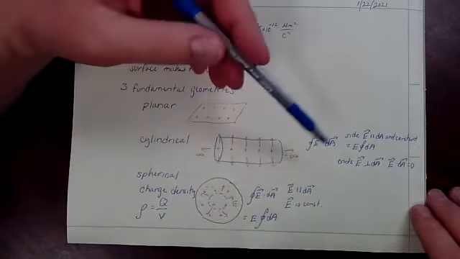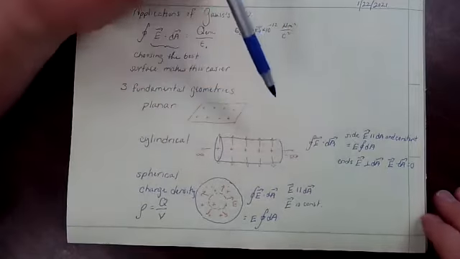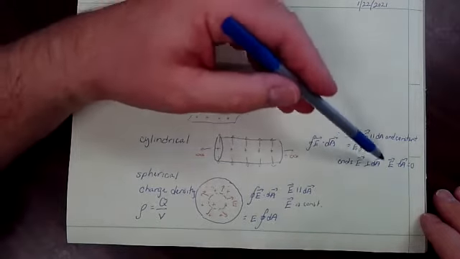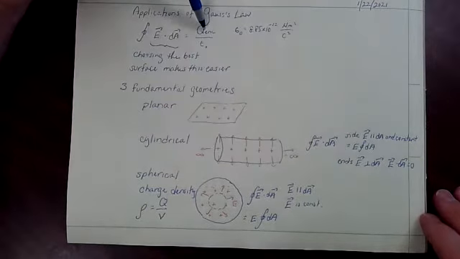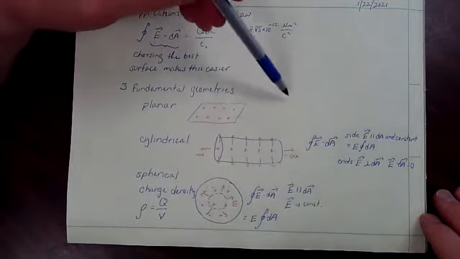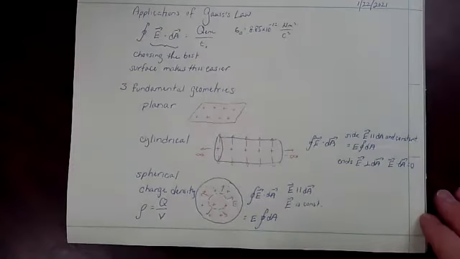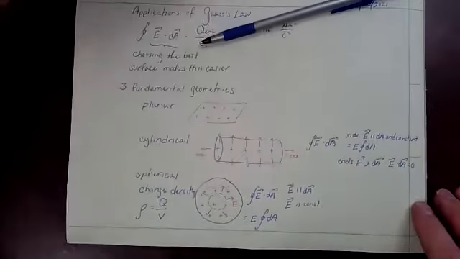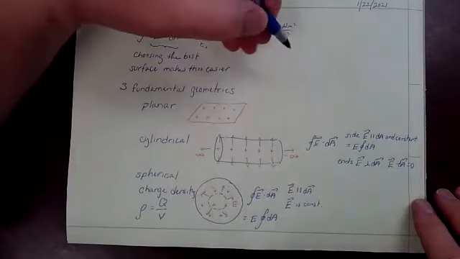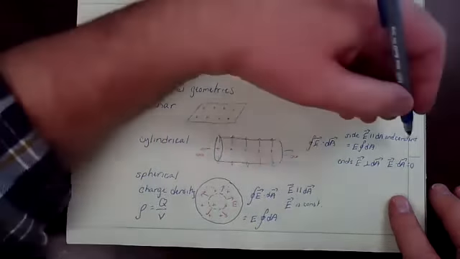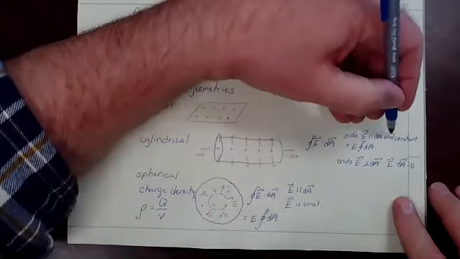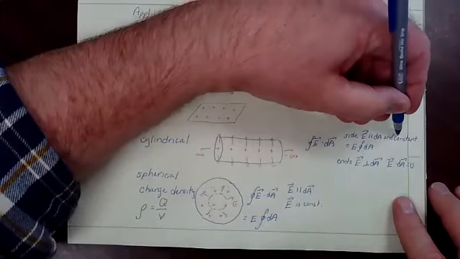If E pops out of the integral, then I can figure out what the area is, and then I can figure out how the charge enclosed works. Then I can figure out what the electric field is going to be. E dot dA: E is parallel to dA and constant.